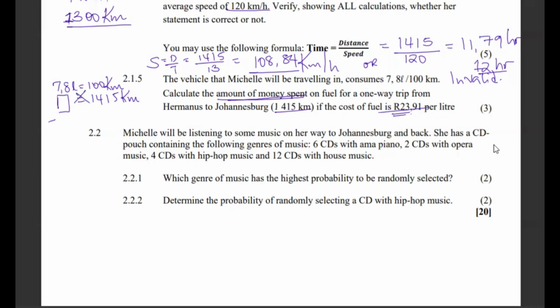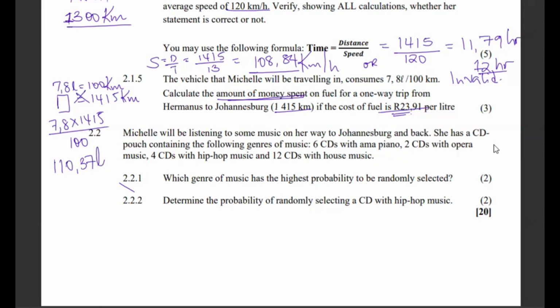This multiplies with that, then this will divide by 100. 1,415 divided by 100, times 7.8. Here we end up having 110.38. These are the number of liters that are being bought.